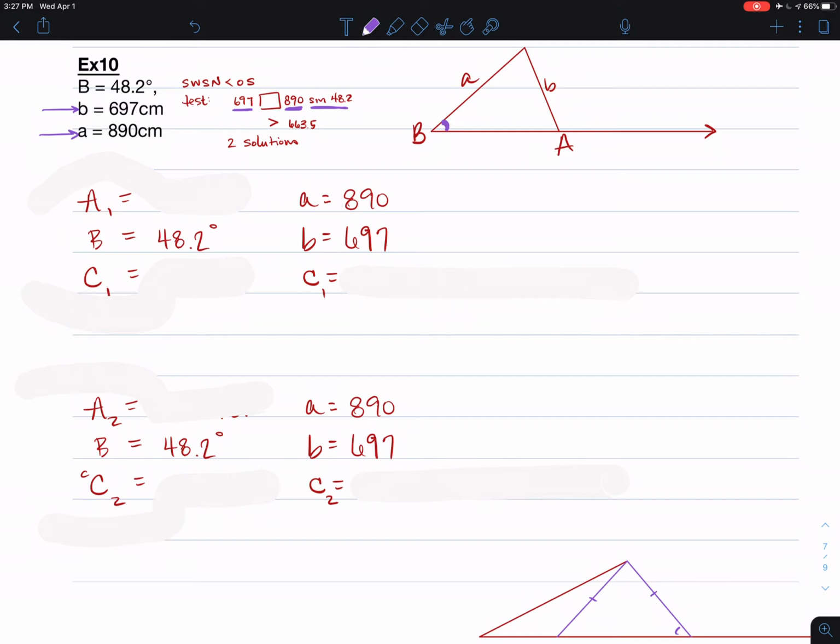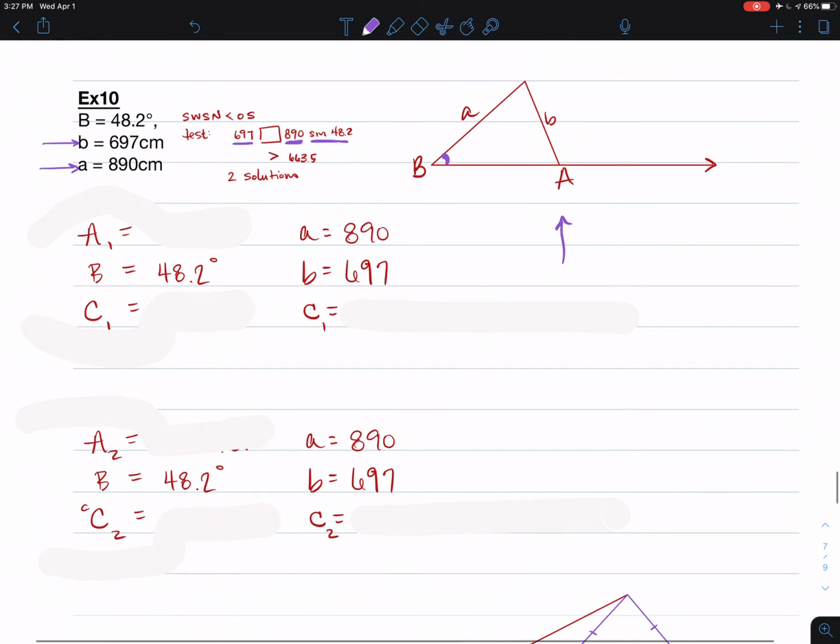I know side A, and so I've drawn this as side A. That means the side down below has to be side C, but I don't know how long it is, so that's why I have an arrow on it. I have no idea how long it is, and I also don't know what angle A is or what angle C is.